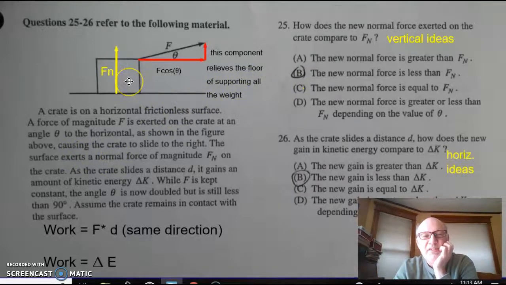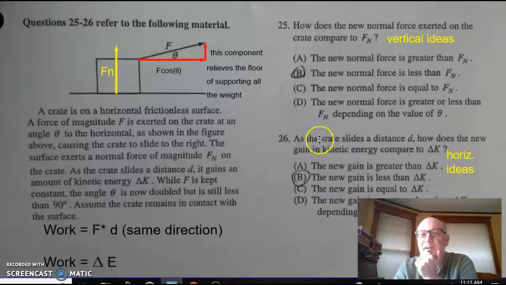The weight of the object is not changing, right? So let's call it Fg. Fg would equal Fn plus whatever this supportive upward force of F is. So if that vertical force gets bigger, then Fn can get smaller. Okay, so the new normal force is less than Fn, which was the original normal force.